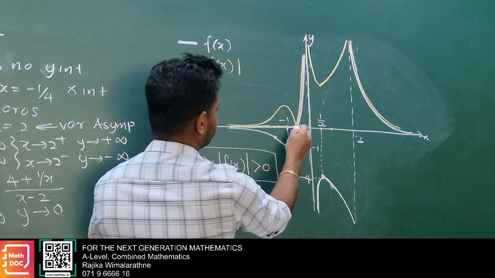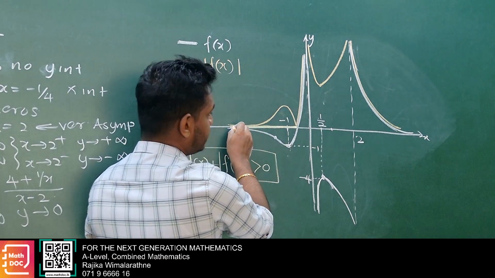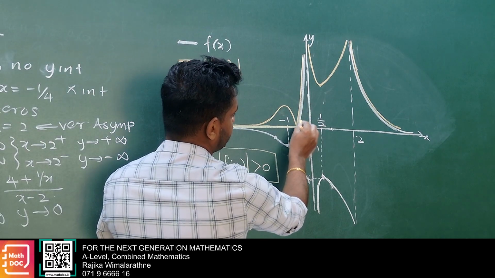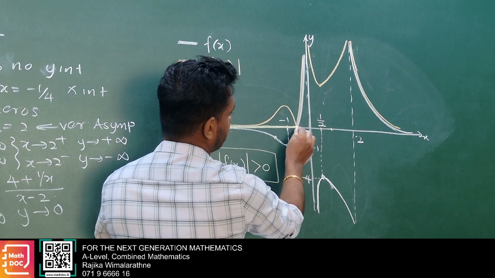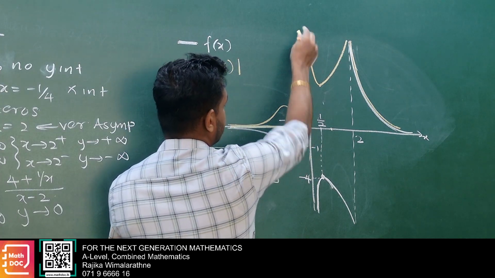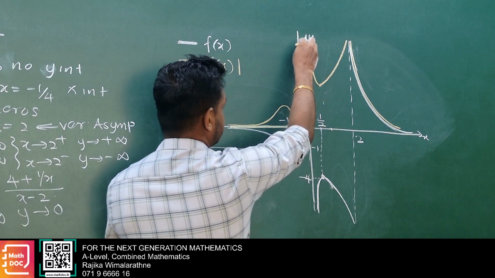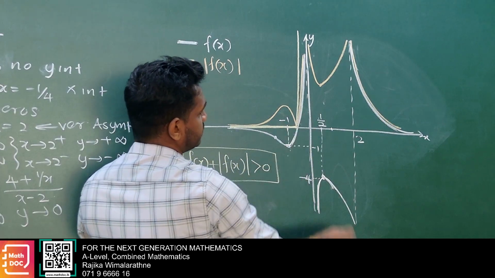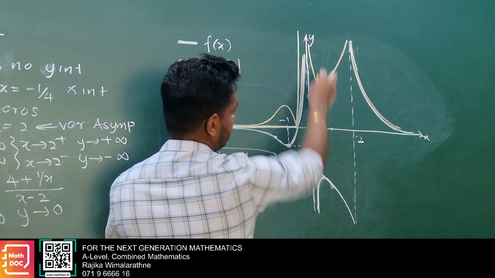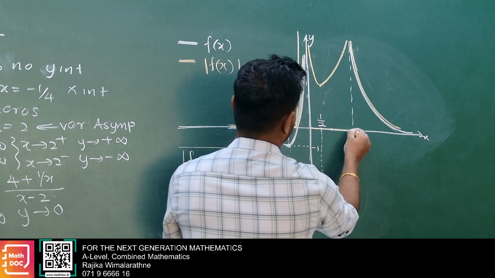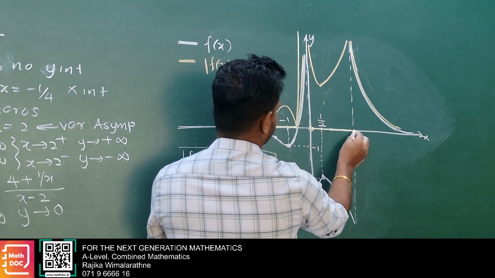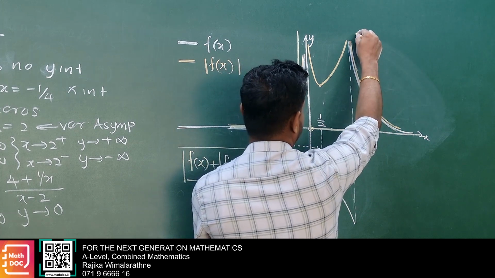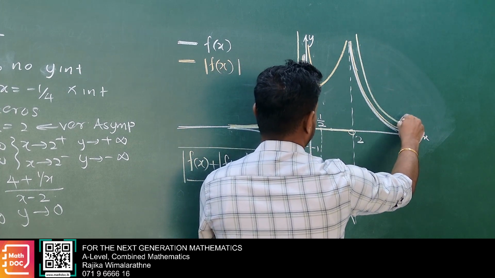Then where the orange and white graphs add, it doubles, and it turns and goes upward. So when you add these two, positive and negative, you get 0. Then when you add these two, it gets double.